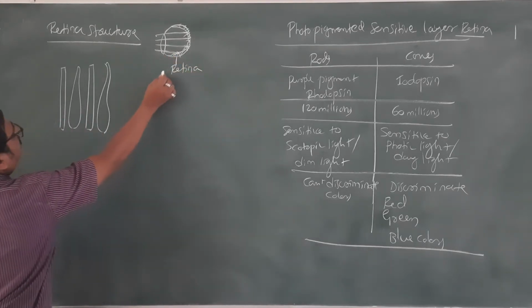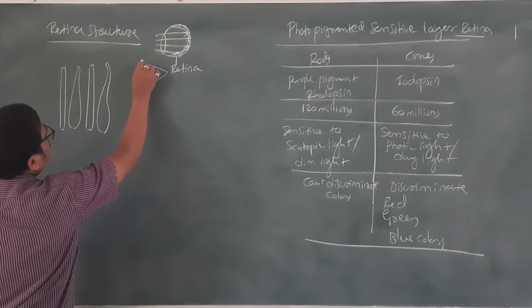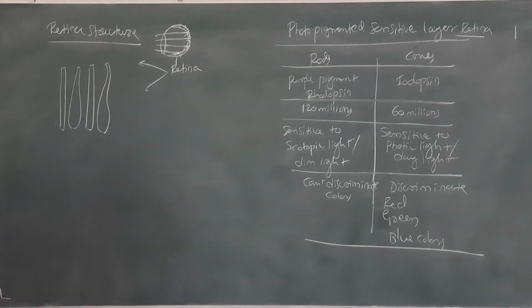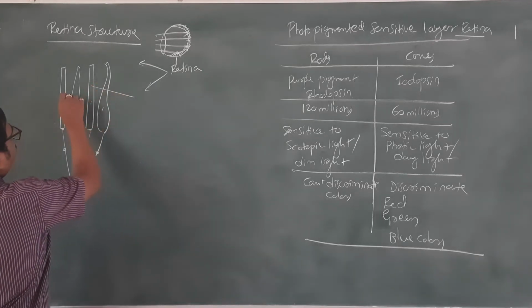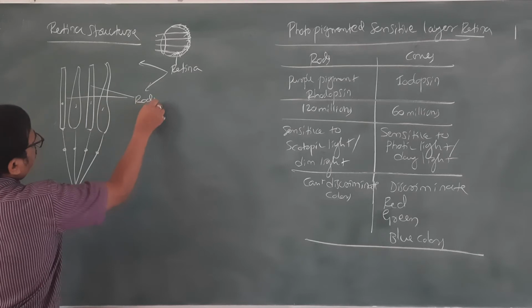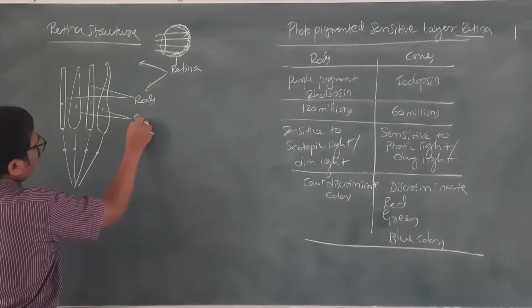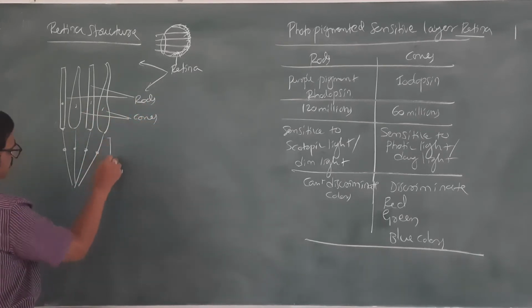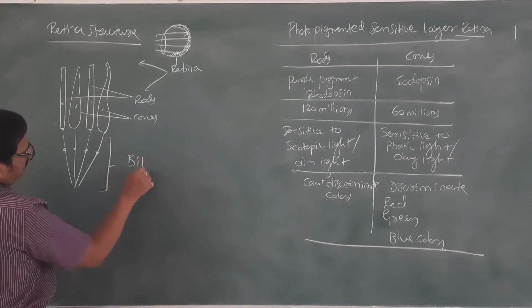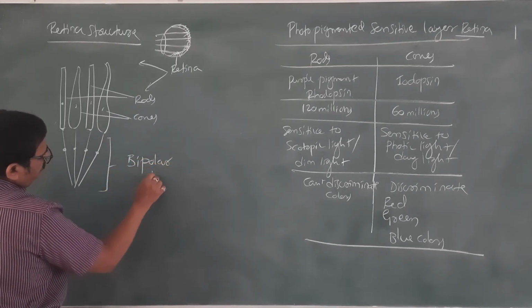Now the retina in detail, these are the structures in the retina. These are called bipolar neurons. Here we are finding the rods, here the cones, and here the bipolar neurons.